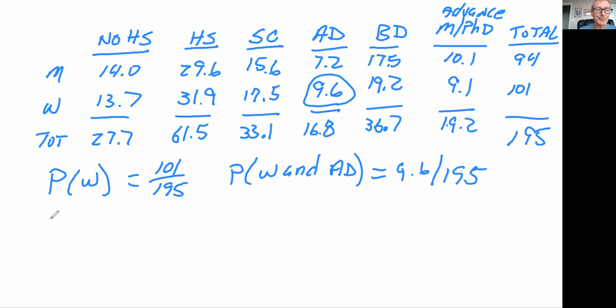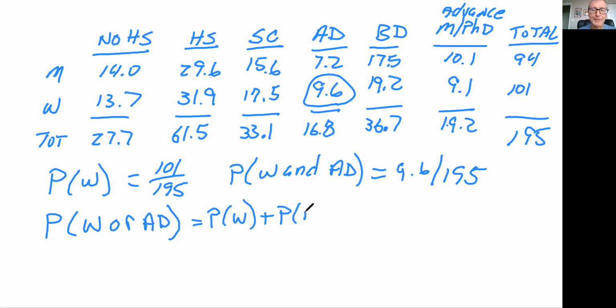Let's do one from last section. What would be the probability of a woman or an associate's degree? Remember when we did that in that section? That was the probability of a woman plus the probability of the associate's degree minus the combo, right? Woman and associate's degree.